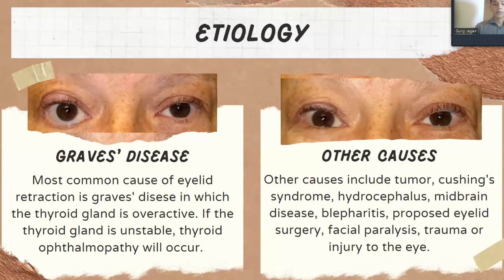And ophthalmopathy will occur too if the thyroid gland is in an unstable condition. There are other causes that can cause eyelid retraction, which are Cushing syndrome, hydrocephalus, midbrain disease, blepharitis, previous eyelid surgery, facial paralysis, or trauma or injury to the eyes. Next.